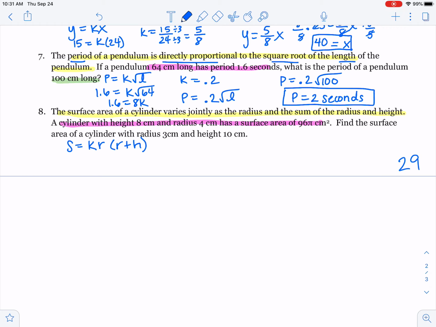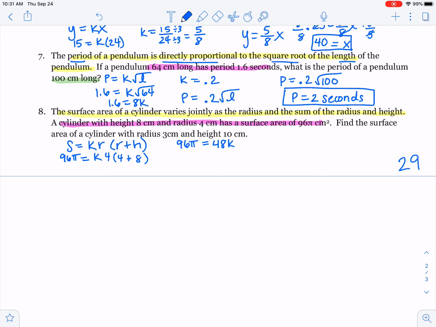So my height is 8. My radius is 4. And my surface area is 96 pi. That's 12, and 4 is 48.